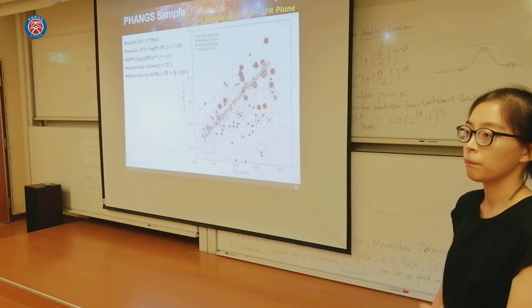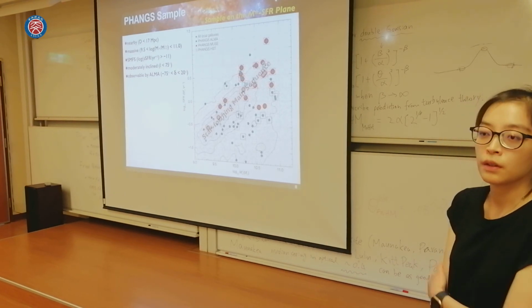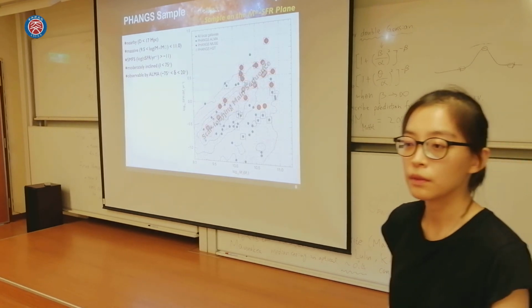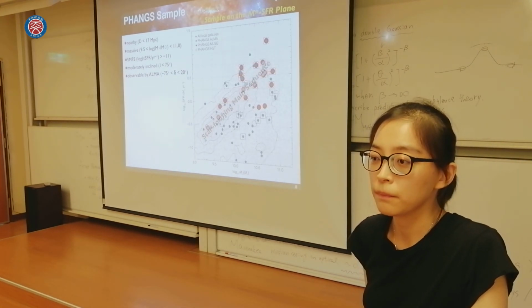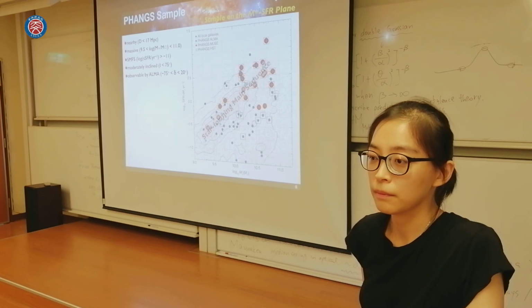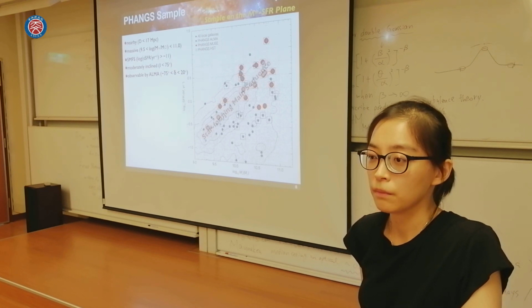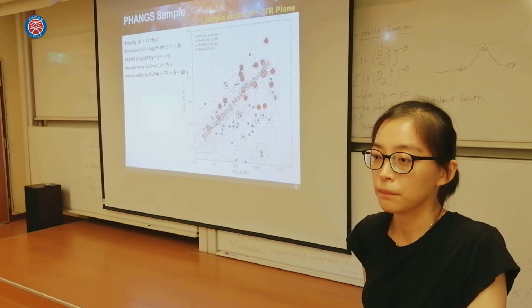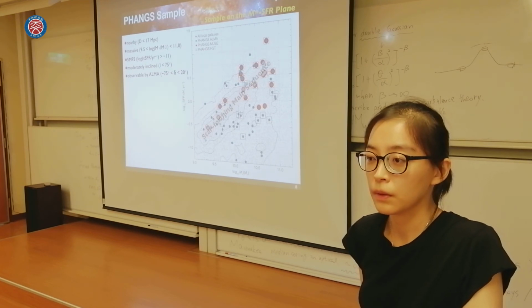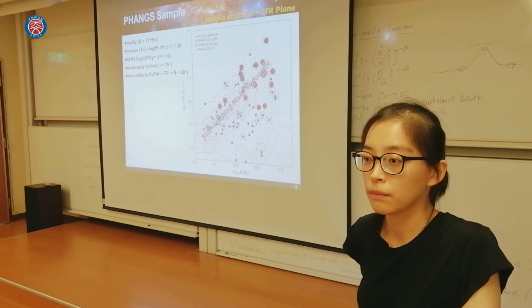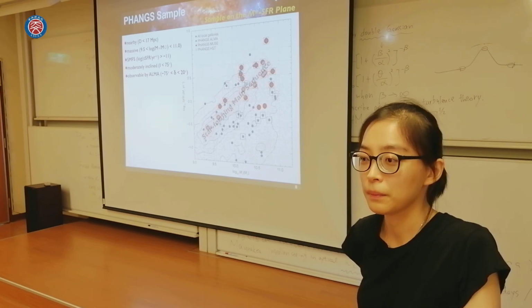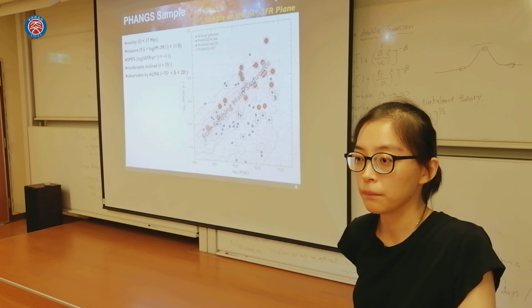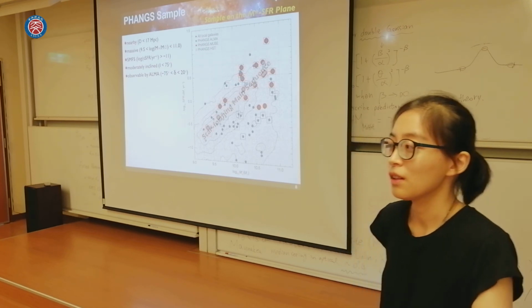Any other questions? I think you said that the fluctuation of CO and overlap and H-alpha only is different between different galaxies. So how about inside of a galaxy? I mean, the fluctuation of the galaxy center region and the outer region is different.